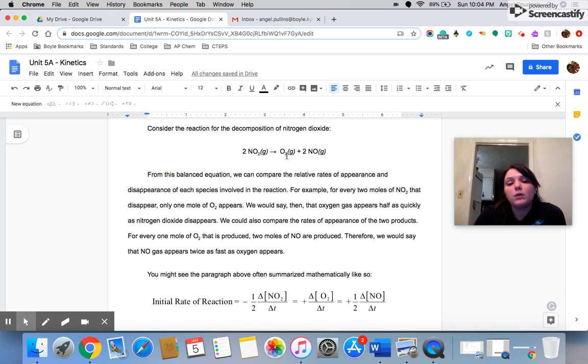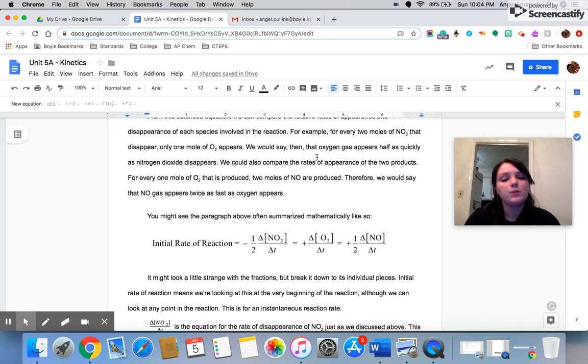We can also compare the 2 products to each other. For every 1 mole of oxygen that's being produced, 2 moles of nitrogen monoxide are being produced. So nitrogen monoxide is being produced twice as quickly as oxygen gas is, or the ratio between their rates of appearance is 1 to 2.